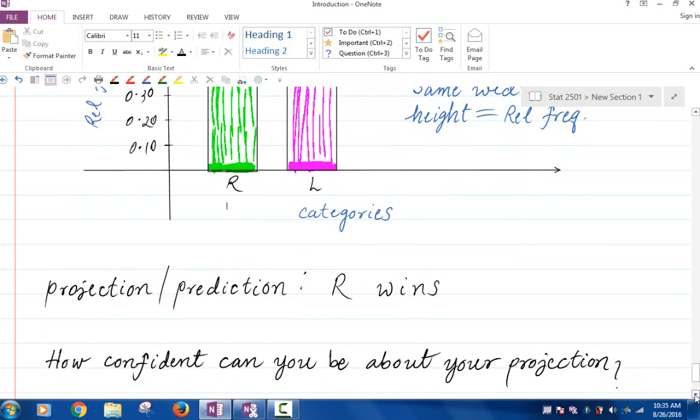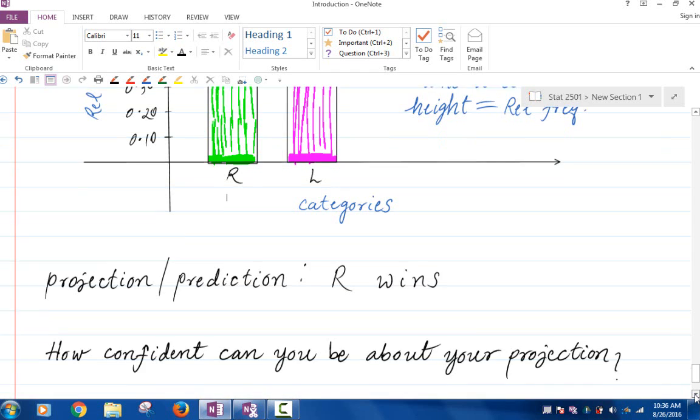Maybe if I take another sample of 20,000 voters, the information will be drastically different, right? So how come I can even project that Roosevelt is going to win? Especially when it's just 45 versus 40%, right? If it was like 90% versus 40%, maybe, right?